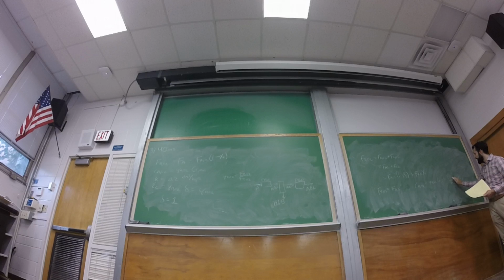So what's this? This is FA1. So FA naught times 1 minus X over FT naught. And what's FA naught and FT naught? They are the same.